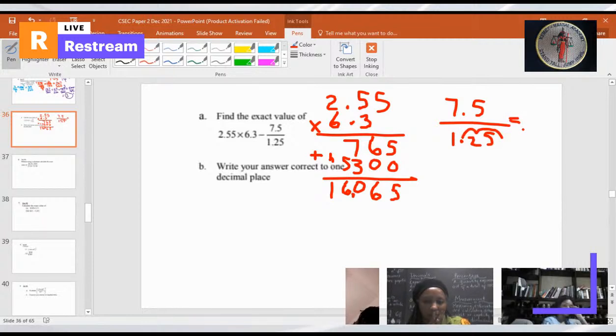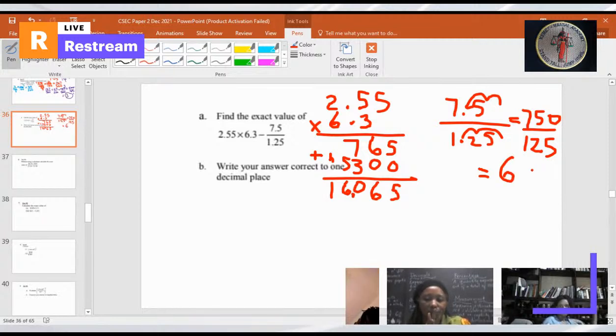We're going to move 2 times to the right for 7.5 as well. So it's going to 750 over 125 next, and that would give us 6. It goes 6 times.